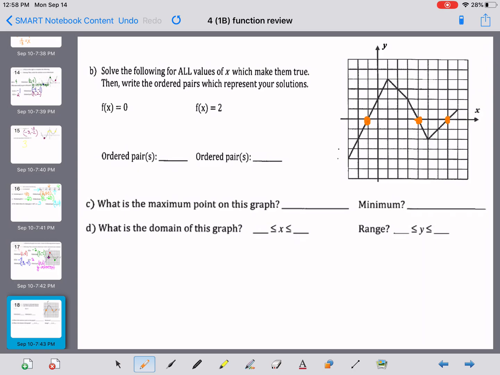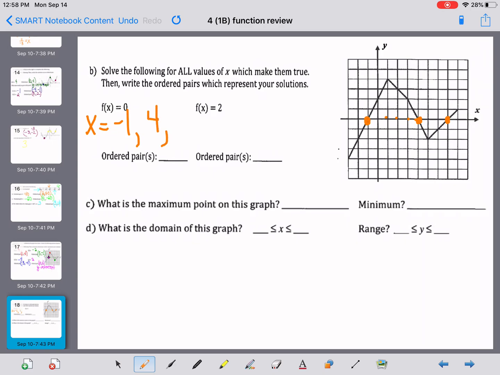All 3 of those points, it says, so solve the following for all values of x which make them true, then write the ordered pairs. So f of x equals 0 at x equals -1. That's the point farthest to the left. And then if I count here, 1, 2, 3, 4, at 4.